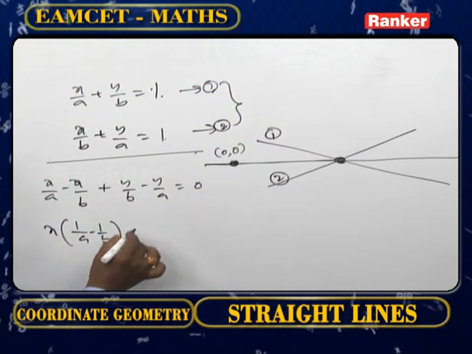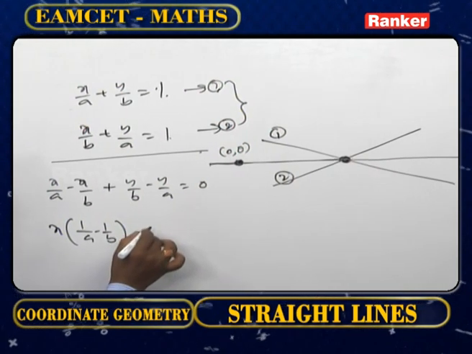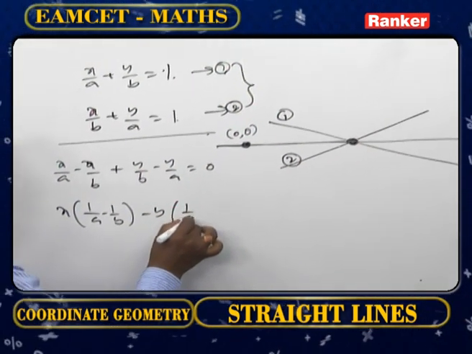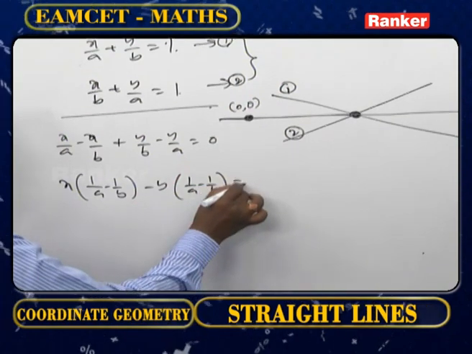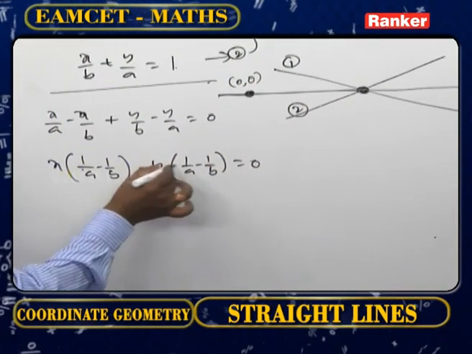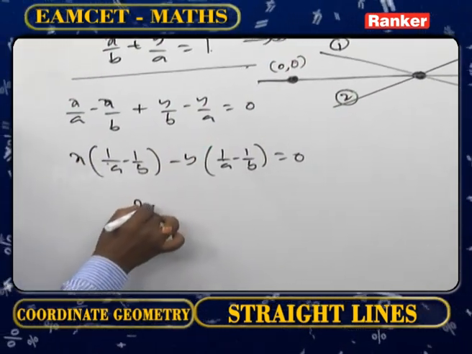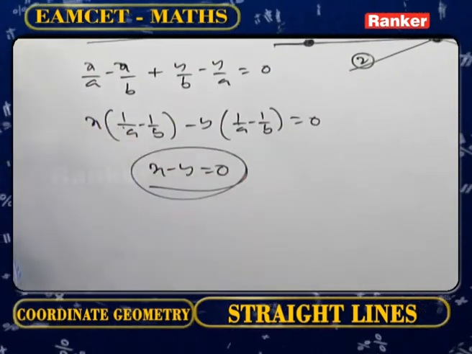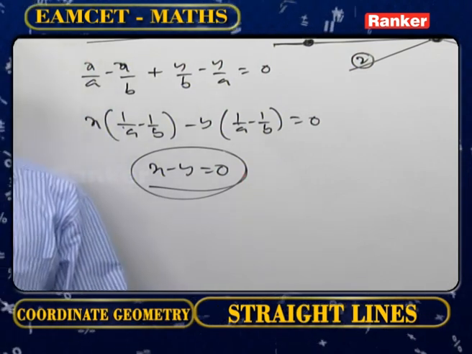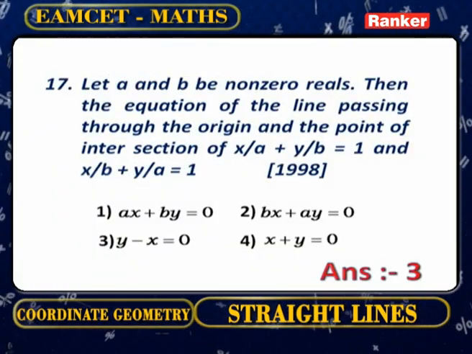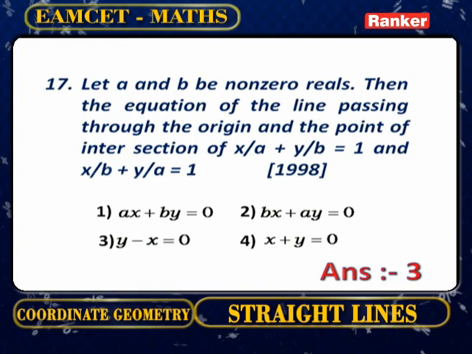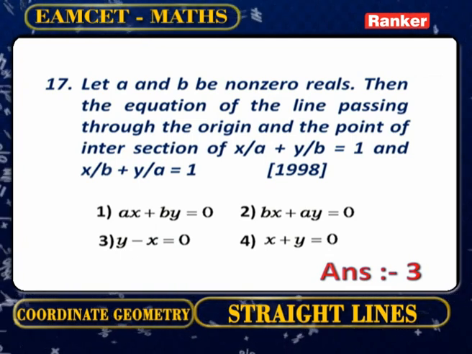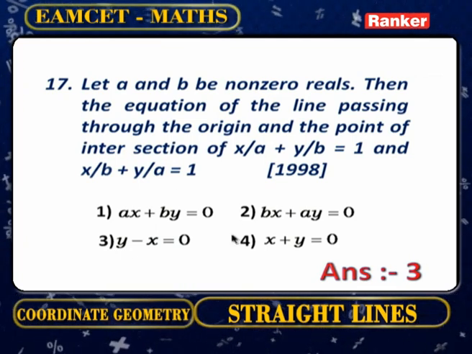Similarly, in the second two terms, -y is common: -y(1/a - 1/b) = 0. Taking (1/a - 1/b) common, we get x - y = 0, or x = y. The required straight line is x = y, or y - x = 0. Then the option is the third option, y - x = 0.